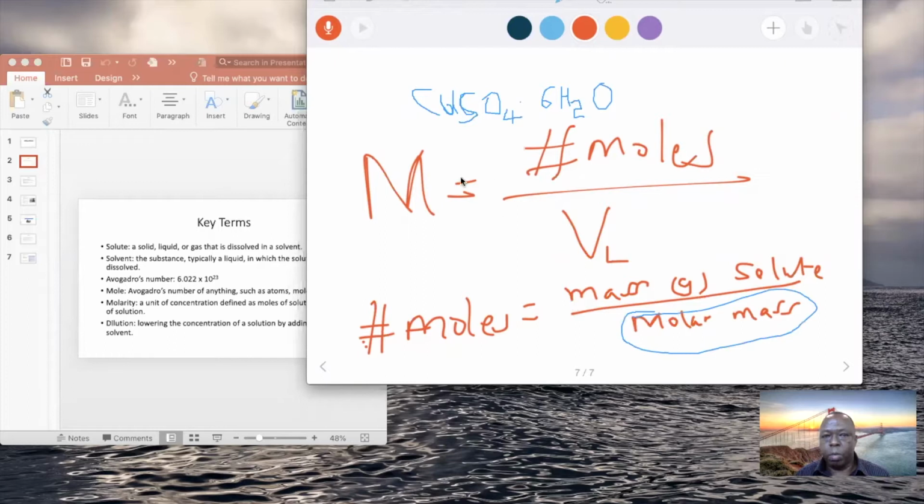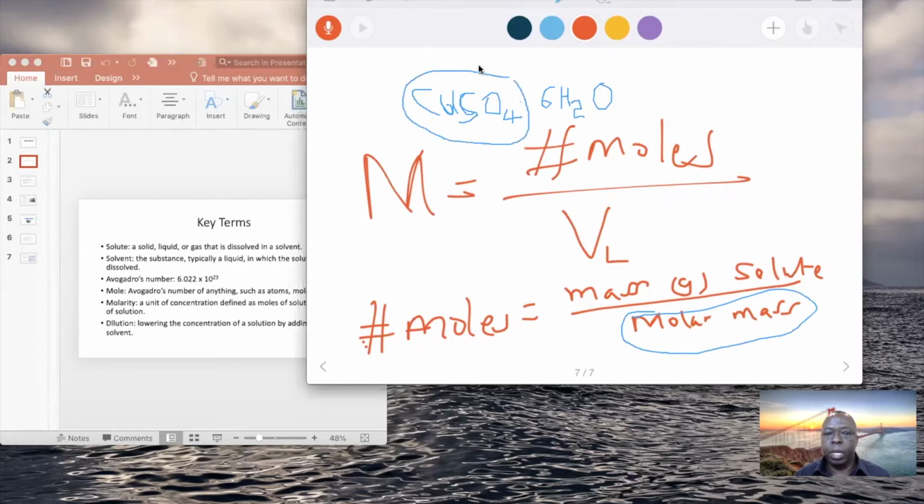So how are you going to do that? Some students I see quite often think that this dot is multiplication. This is not multiplication. It means you have to find the molar mass of H2O, which you should know, 18.02, times 6. Then you add the molar mass of the ionic compound part of this hexahydrate.